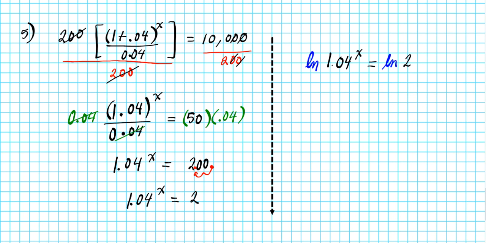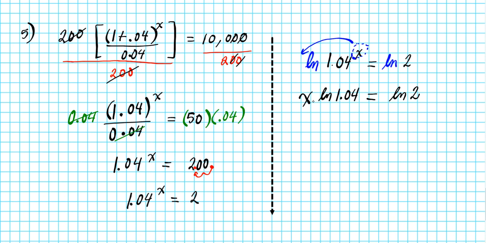On the left side, we're going to power down this exponential variable term, so we will have x times the natural logarithm of 1.04 equals the natural logarithm of 2.